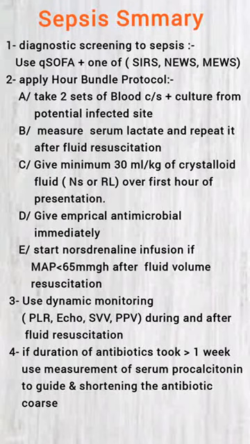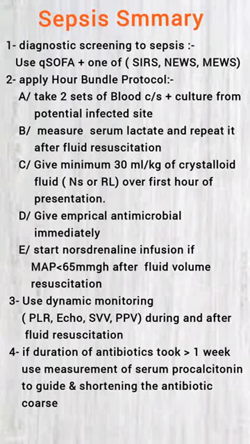Second, apply the 1-hour bundle immediately by taking 2 sets of blood culture and a culture from the potentially infected site. Measure serum lactate and repeat it after fluid resuscitation. Give a minimum of 30 ml per kg of crystalloid fluid, normal saline or Ringer's lactate, within the first hour of presentation, and start empirical antimicrobial therapy immediately.